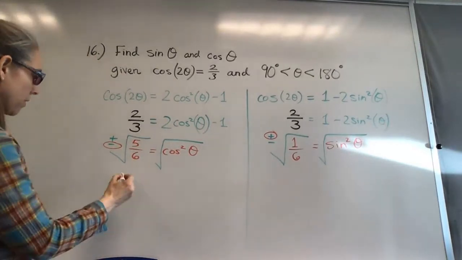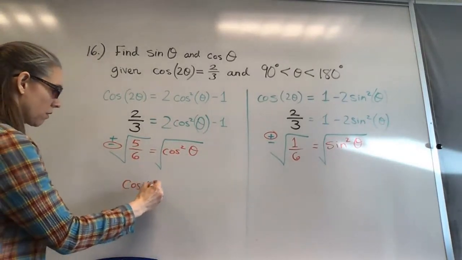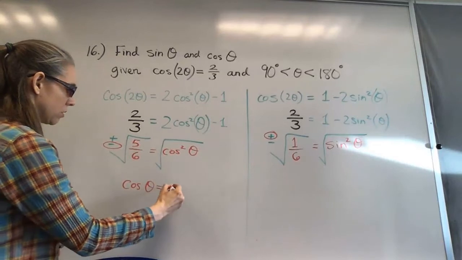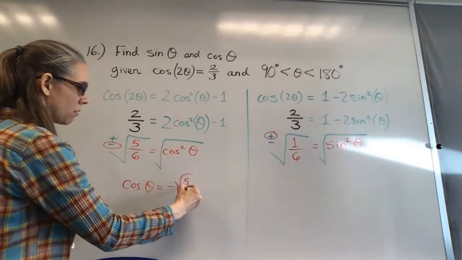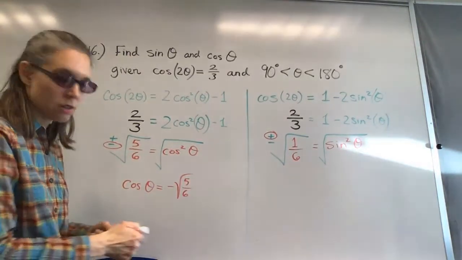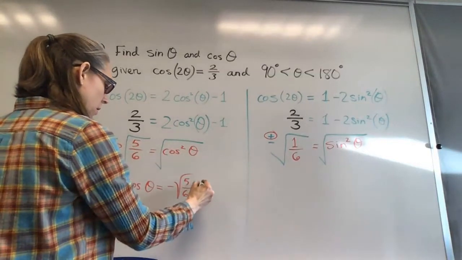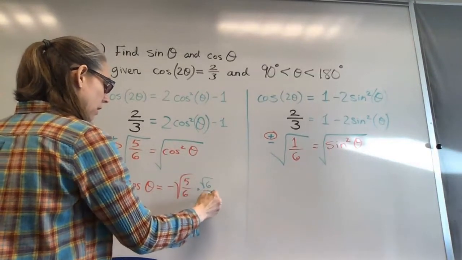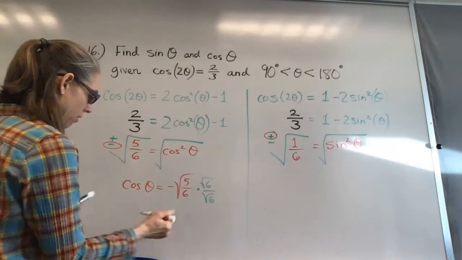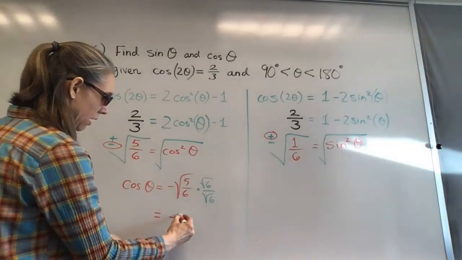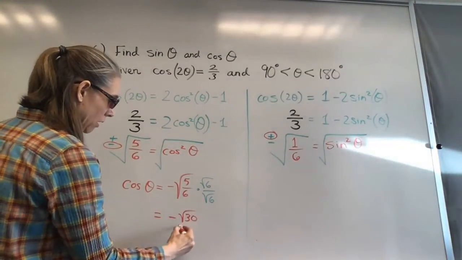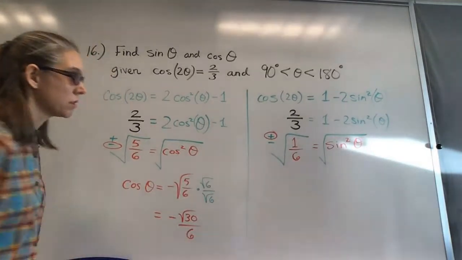And so here we have that cosine of theta is equal to -√5/6, but we want to rationalize that denominator. Multiply by √6/6. And so now we have that the cosine of theta is equal to -√30/6.